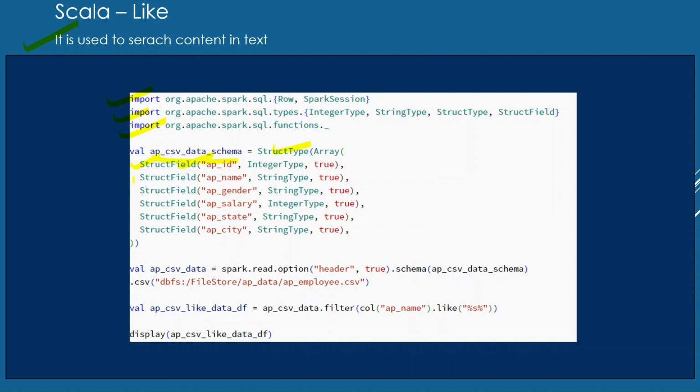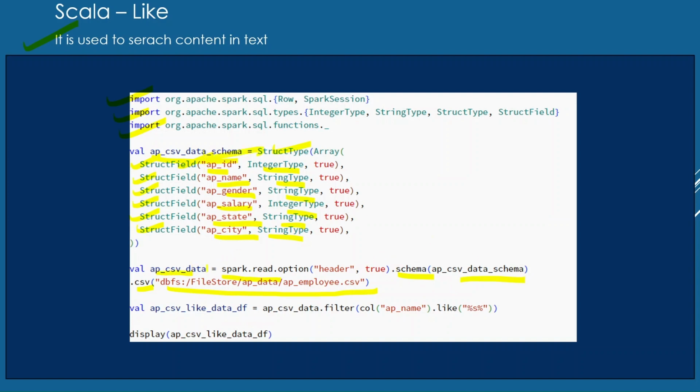I am creating 6 columns, their names and data types: AP name, string type; AP gender, string type; AP salary, string type; state, string type; AP city, string type. With the help of the spark.read.csv function, I am reading a CSV file by passing the path of the CSV file with the help of this custom schema, which we have just created above.